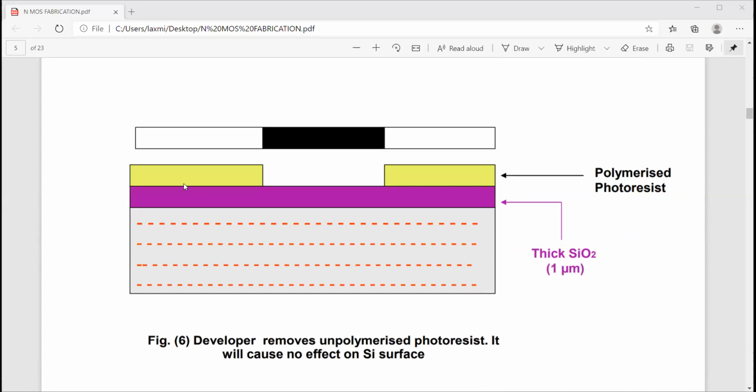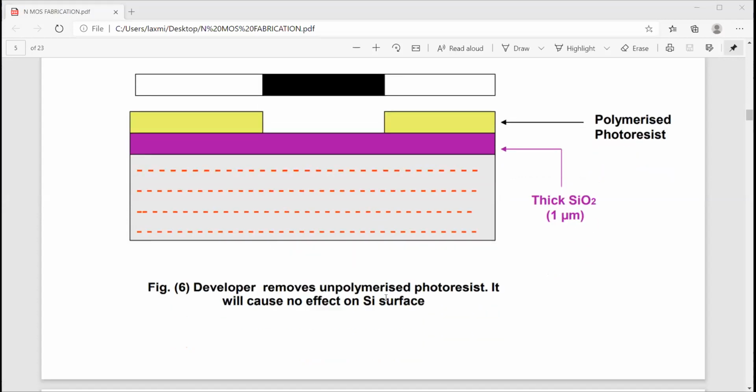Look here at what happened now. Polymerized photoresist. The photoresist, look here, we removed the photoresist. Wherever the thickness is there, where we are using the mask, at that mask we removed the photoresist layer. If the photoresist layer is removed, the silicon is there.